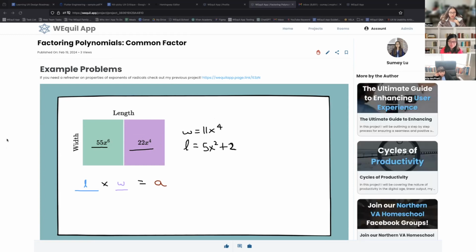Yeah, so now we have our answer. The width is 11x to the power of 4, and the length is 5x to the power of 2 plus 2.